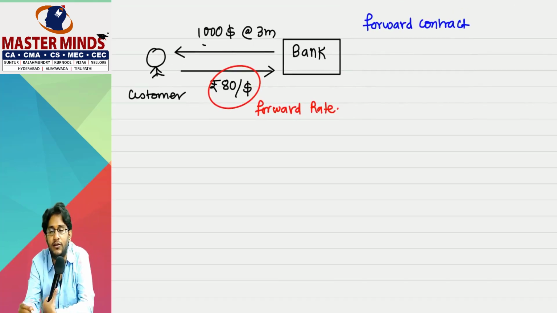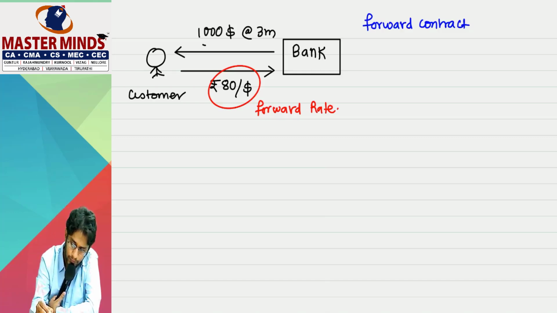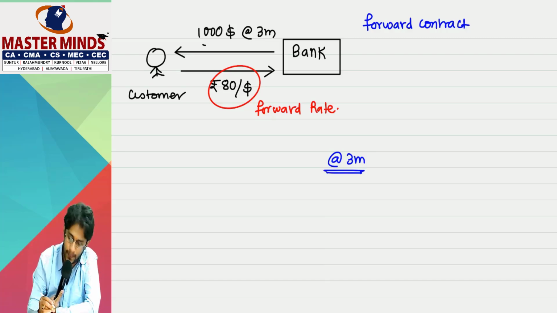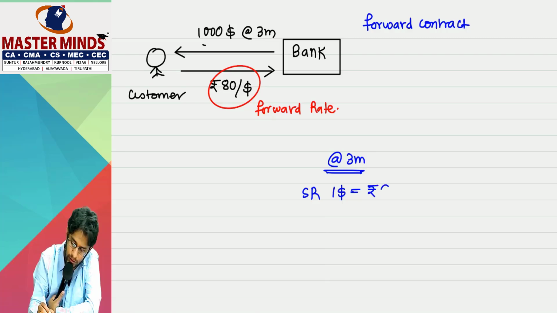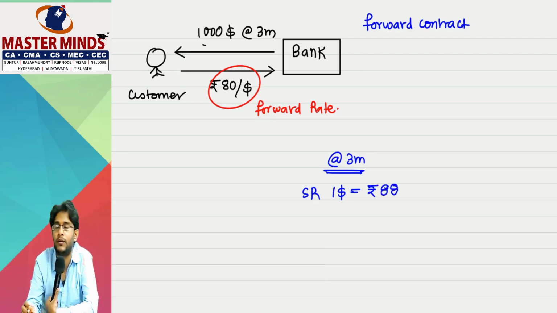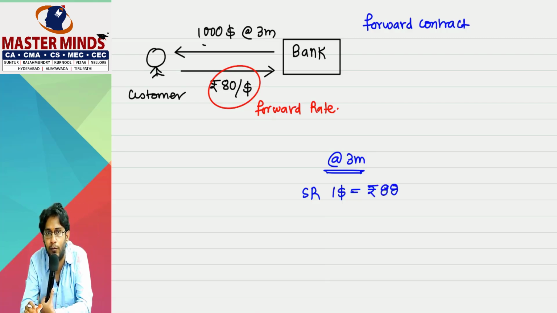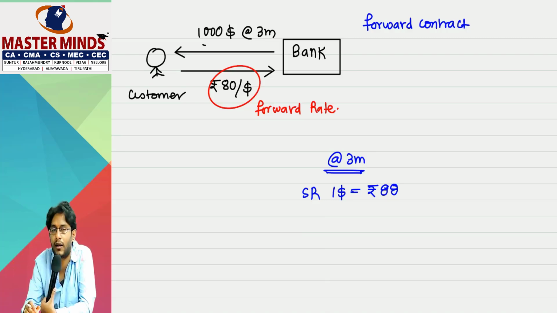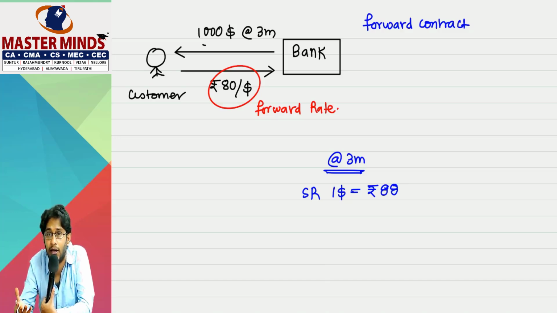Now tell me, sir, when will this contract actually be executed? After 3 months. Now, at 3 months time, the spot rate in the market is $1 equal to 88 rupees. In the market, if I have to buy or sell $1, it will give me 88 rupees. But under this contract, I agreed to buy the dollar only at 80 rupees. So gain or loss? Gain. How much gain is there? 8 rupees. Who is happy?